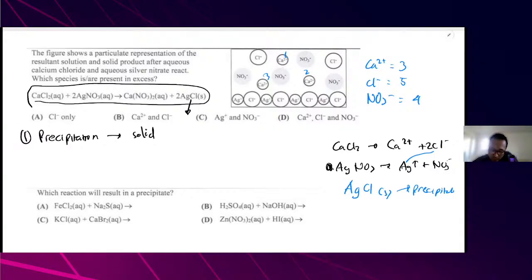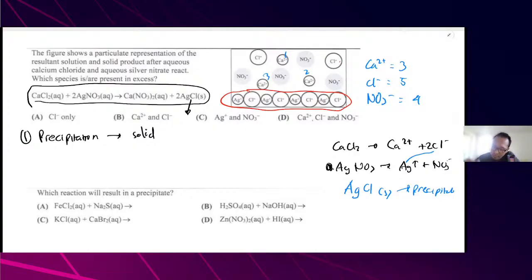Okay, I know. The figure shows a particular representation of the resultant solution and solid product after reaction. So this is the precipitate itself, and another one is representing the solvent itself. So let's revise our approach here.